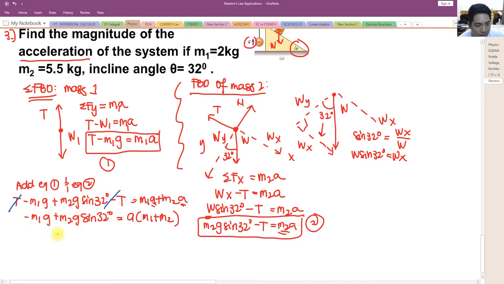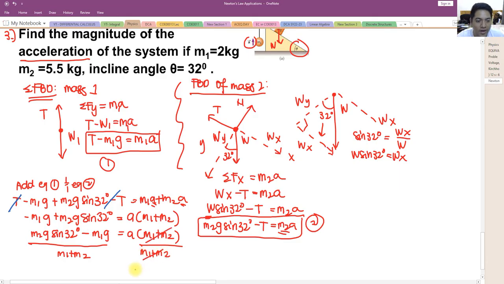Let me rewrite: M2G sine 32 degrees minus M1G equals A times M1 plus M2. So dividing both sides by M1 plus M2, you know what will be the result. M1 plus M2 cancel here.